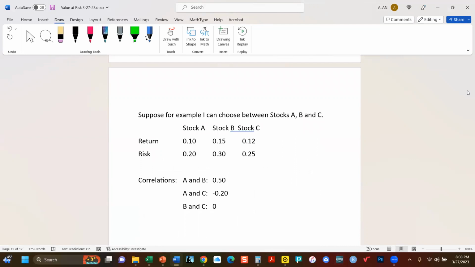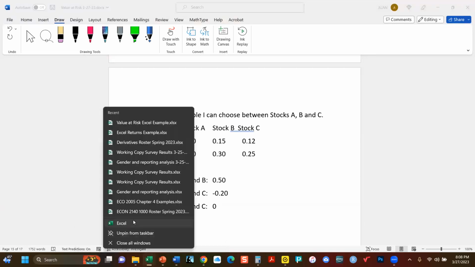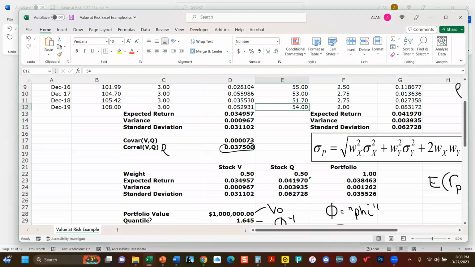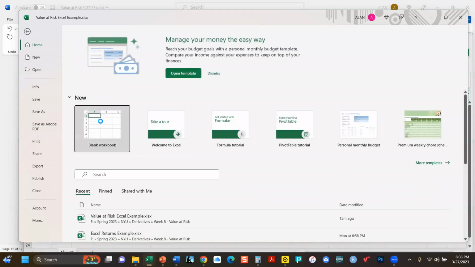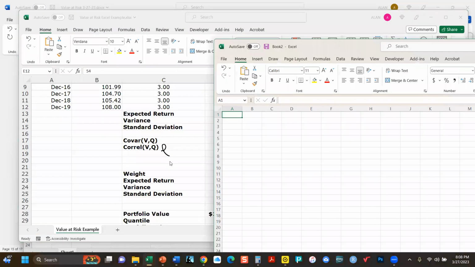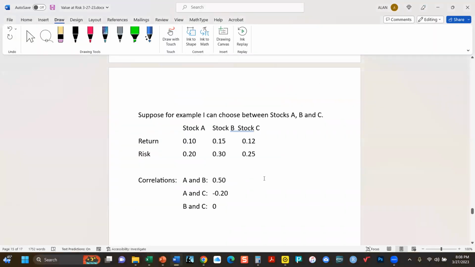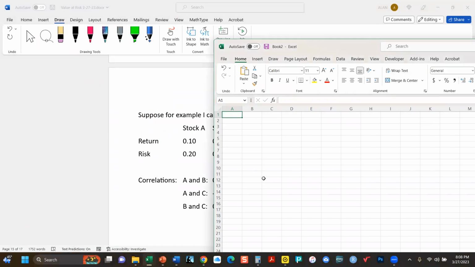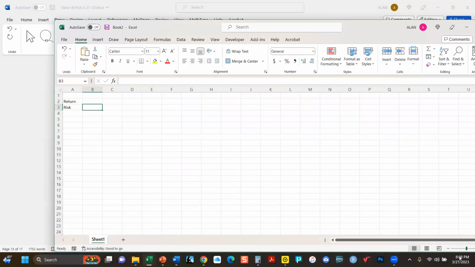So I'll do this in Excel, it'll be infinitely faster. Let's just quickly throw this in here.